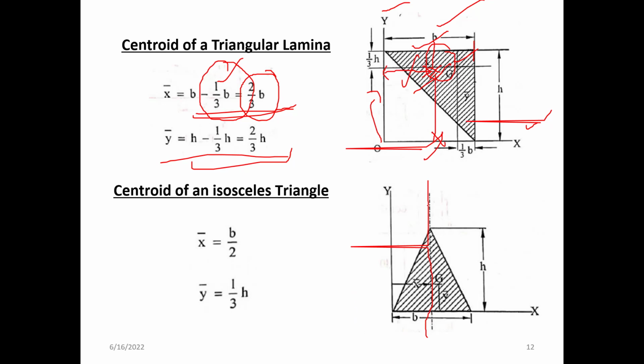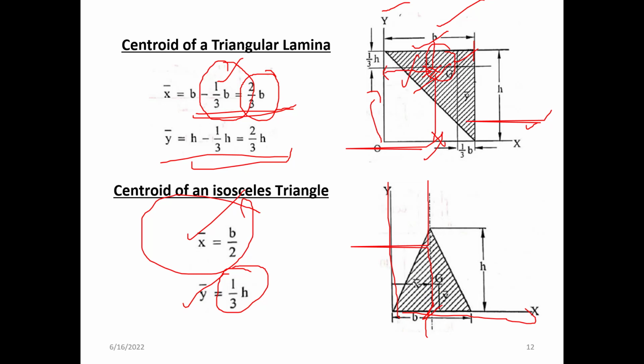As this is the axis of symmetry with respect to the xy coordinate, the x bar of the centroid will be b by 2. b is the total width of this isosceles triangle, so b by 2 will be the x bar distance, and y bar is equal to one third of h. It is the centroid of the triangle.